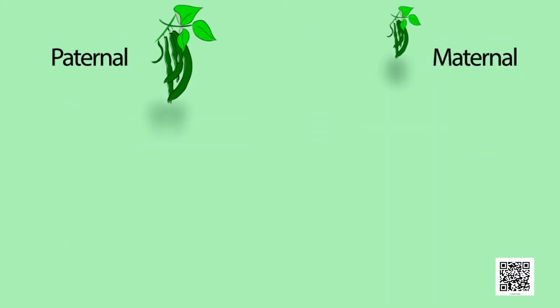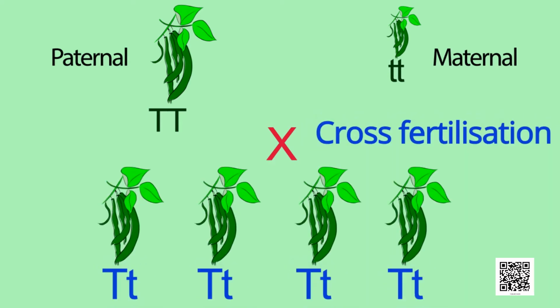On cross-fertilization of these two types, he found that in the first generation, or the F1 progeny, all the plants were tall. No medium height plants were reported.